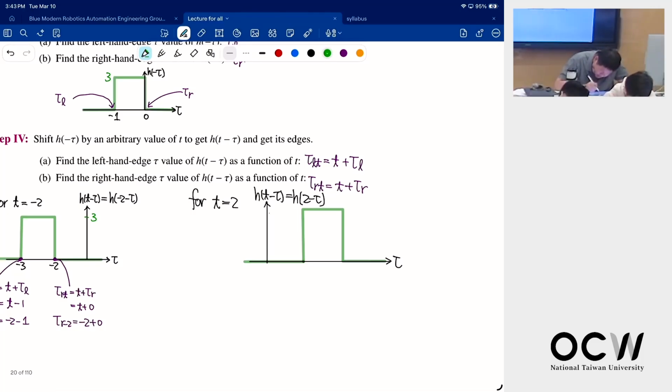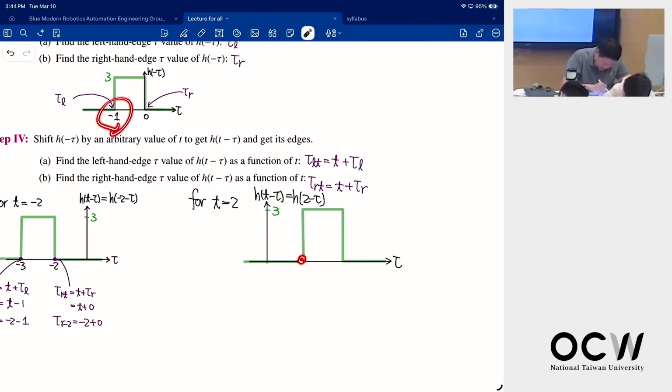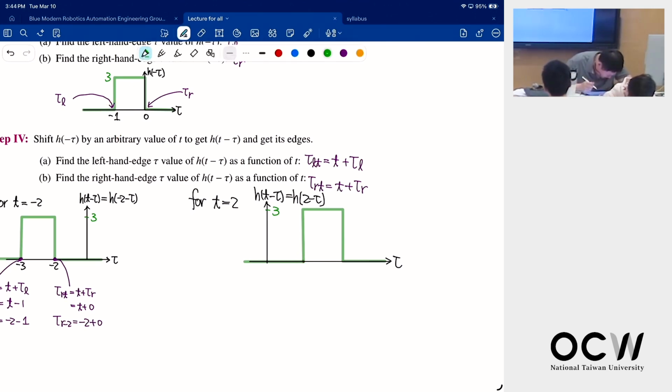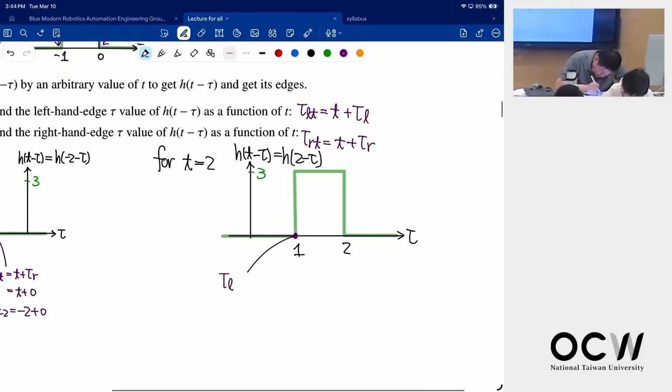Okay, and then the plot should be, this is still 3. And how about this point, if t is 2? So here from minus 1, you plus 2, so you get 1. So this is 1 and 2. And you can also say that this point is tau left and t, as t plus tau left.